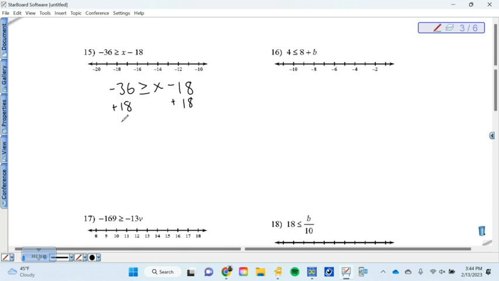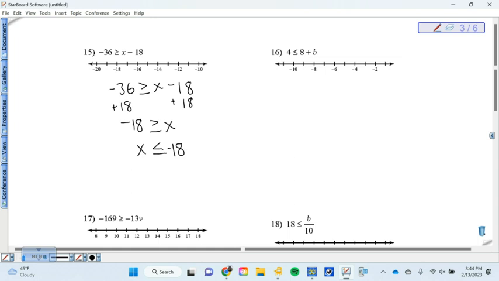Yep, negative 18. So I have negative 18 is greater than or equal to x. Can you help me write that with the variable out in front? If I wanted to flip it around so that the x came first, what would it be? X is less than or equal to negative 18.